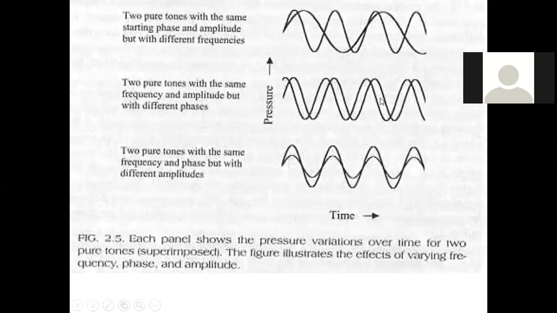In the middle pair, the waves are the same in amplitude, same in height, and have the same number of bumps. They're just slightly out of phase with each other. And in this bottom pair, you have the same frequency, the same phase, but they're different amplitudes. So you can see that sound takes place over 3 dimensions: frequency, amplitude, time.